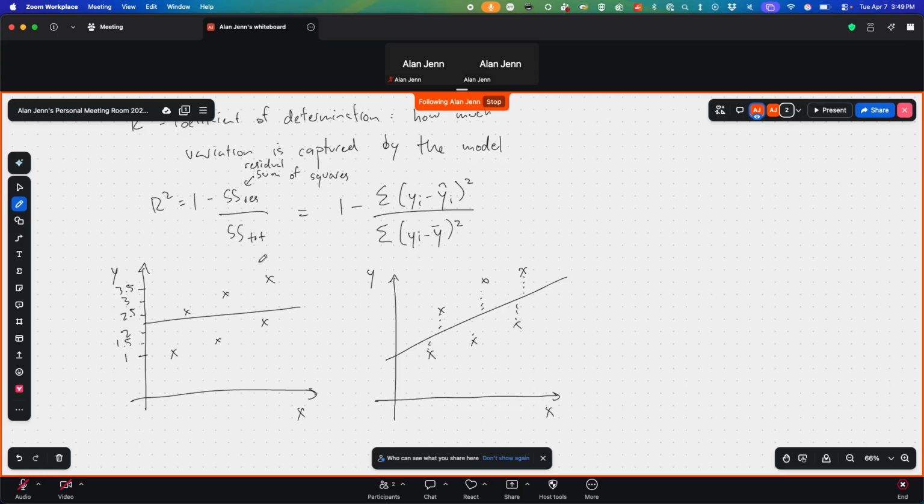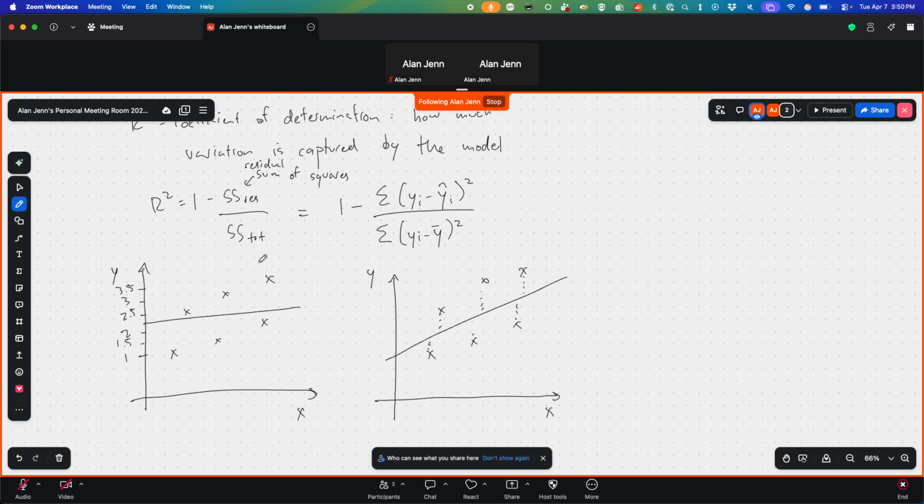It's not necessarily telling us anything about if the fit is making sense in other sorts of ways. It's just caring about how much variation difference there is between my having a flat line versus having my fit line. So there's a particular meaning to this, which is just describing the variation captured by the model.